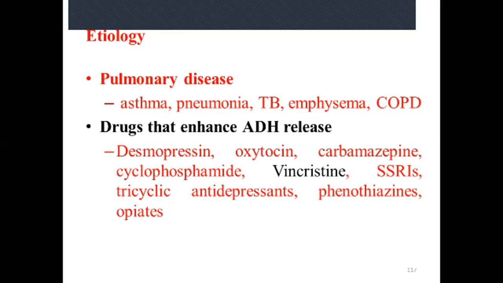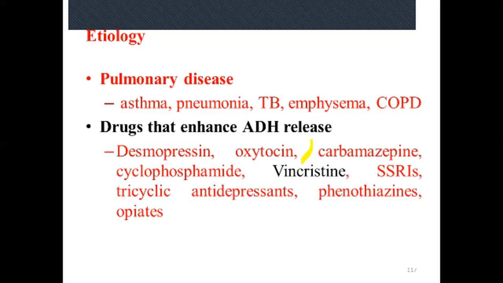So this is how it will happen. Then apart from that, some pulmonary diseases such as asthma, pneumonia, TB, and COPD can also increase the release of antidiuretic hormone. And even drugs can enhance ADH release, such as oxytocin and carbamazepine.